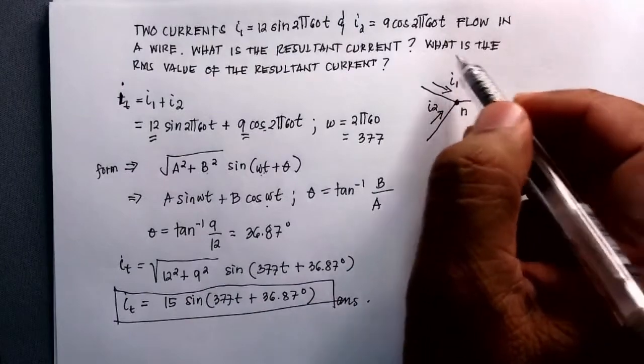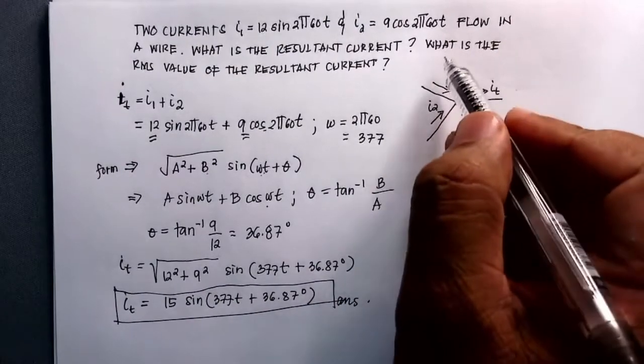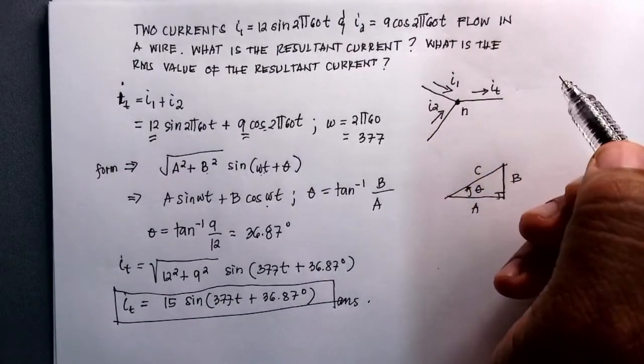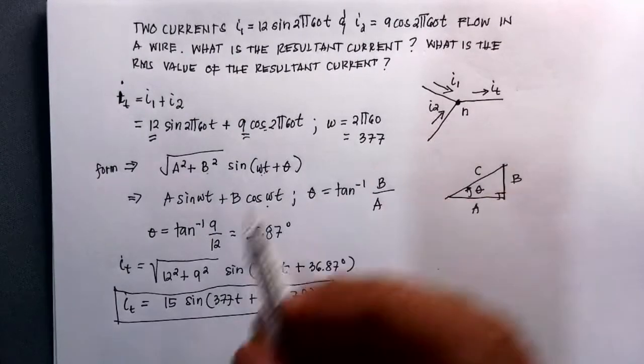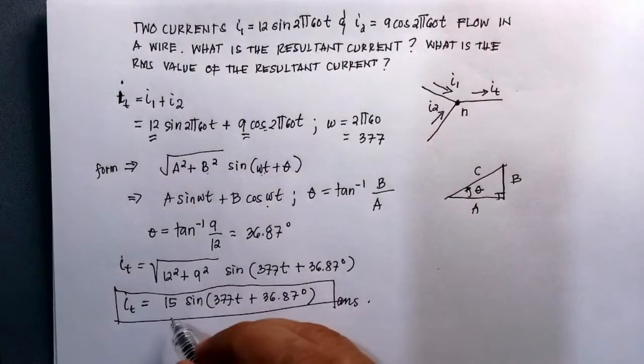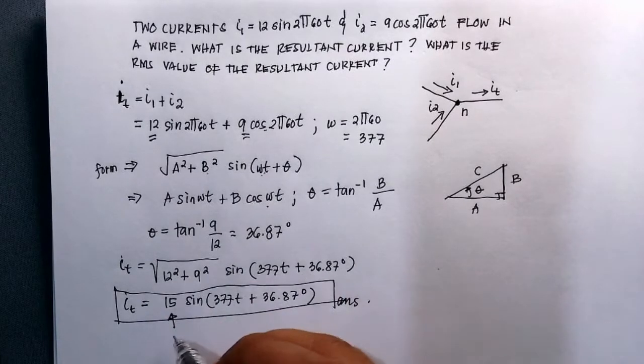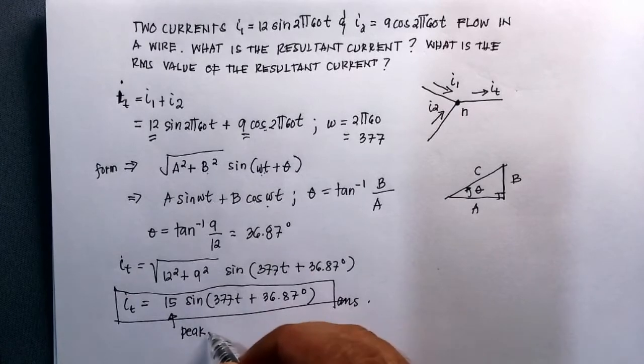The other question here is the RMS value of the resultant current. This is the resultant current, and this one in our form is the peak value or the maximum value.